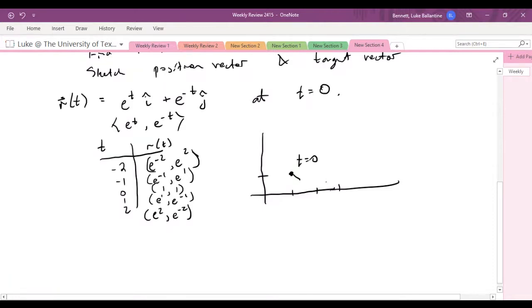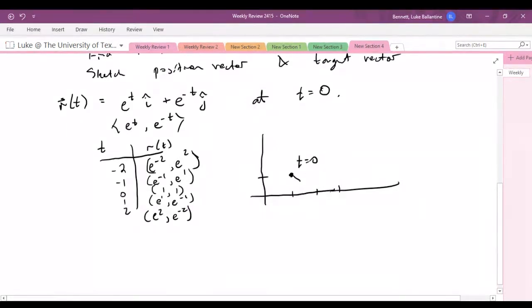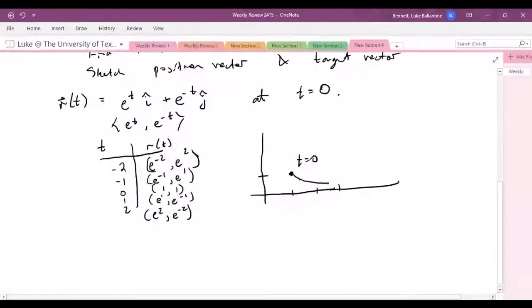And then we get 1 over e, some fraction, so it's just going to be less than 1. So we get some asymptotic behavior, because at time t equals 2 we get mapped even further along the x-axis and even closer. But you notice that the y component will always be greater than 0 because it's exponential.